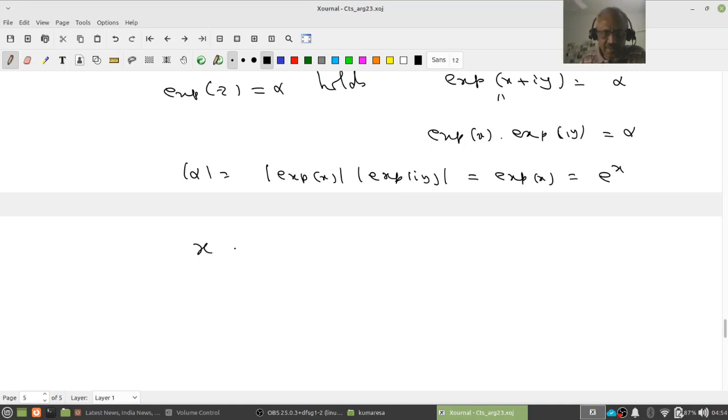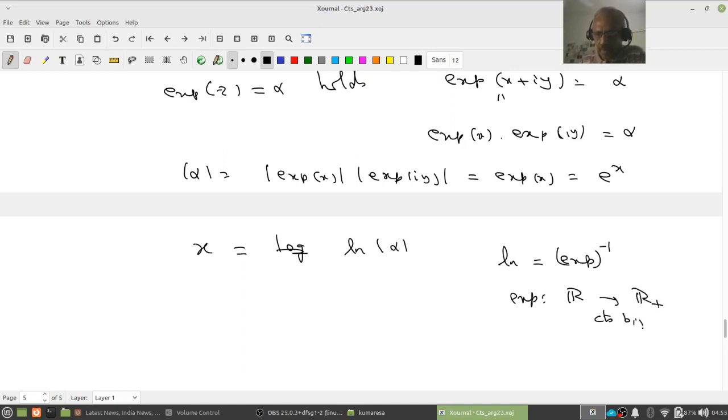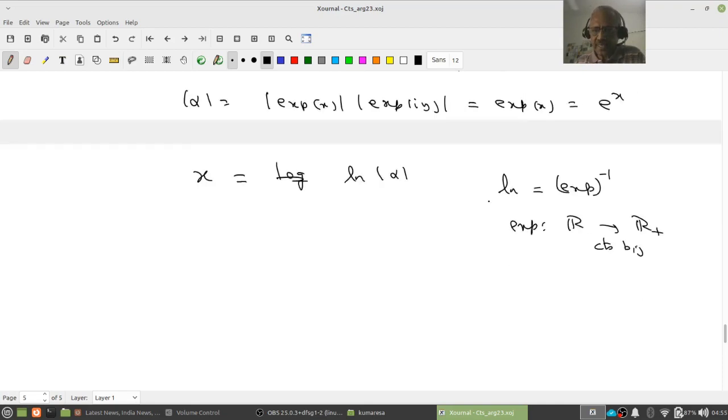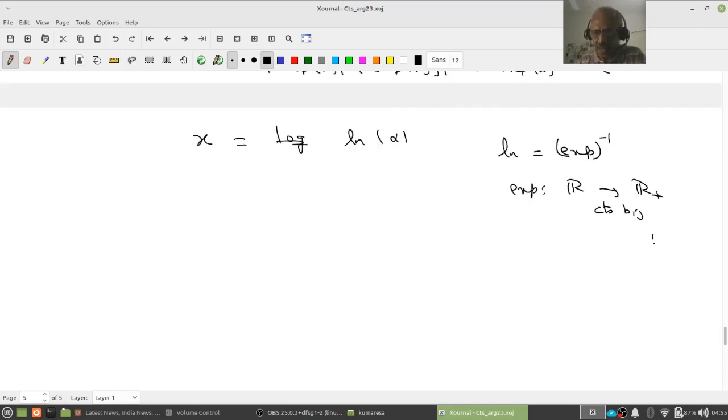Therefore x is nothing other than ln of mod alpha, where ln is the inverse of the exponential, which is the continuous bijection of R onto R plus. I am using ln so that it does not interfere with the log. This ln is an American notation; it stands for, I do not know, natural logarithm or Naperian logarithm.